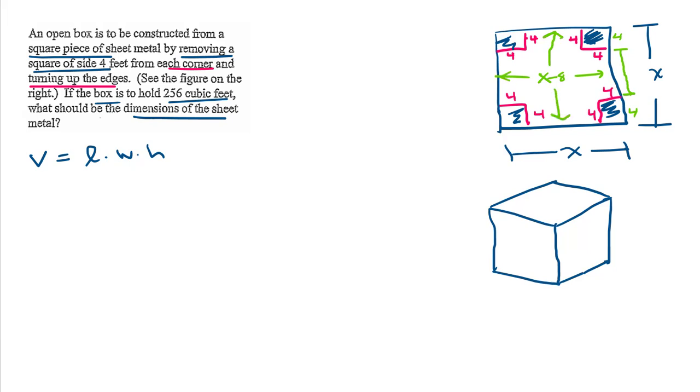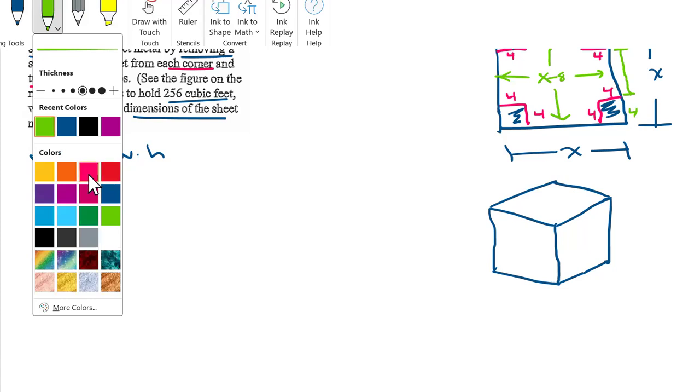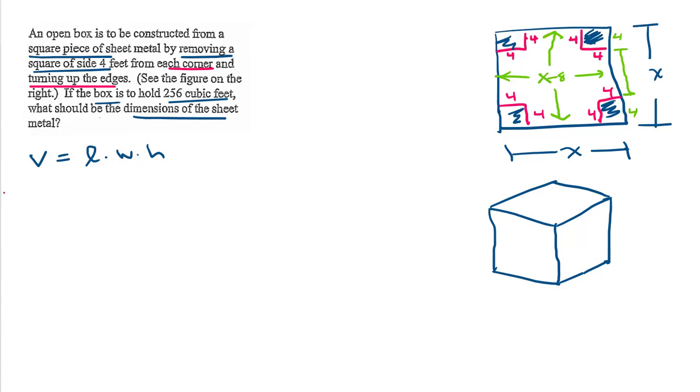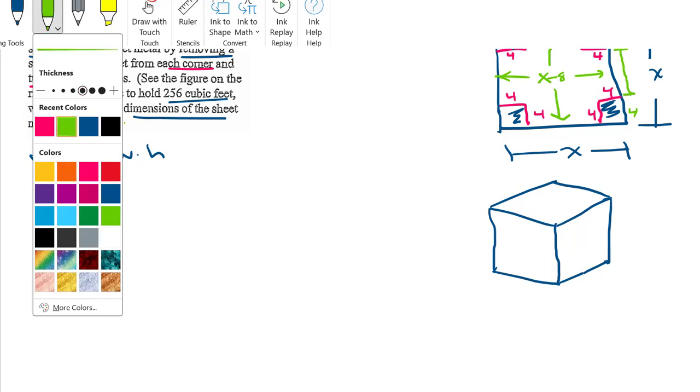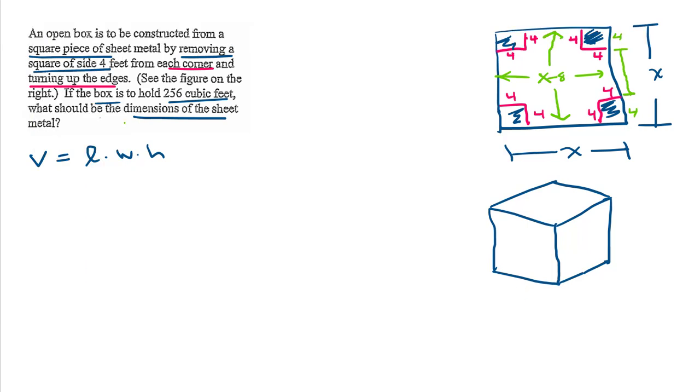All right. So when I transfer that information here, my length and width are going to be the same. Let me use the same color here. So I'm going to have x minus 8 and x minus 8. So these are basically the bottom of the box.